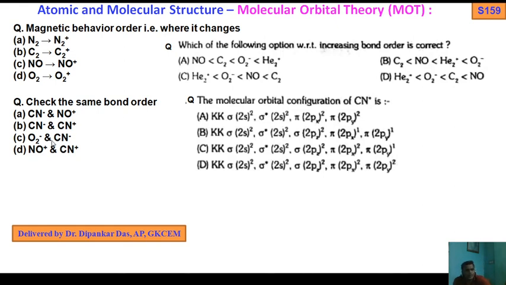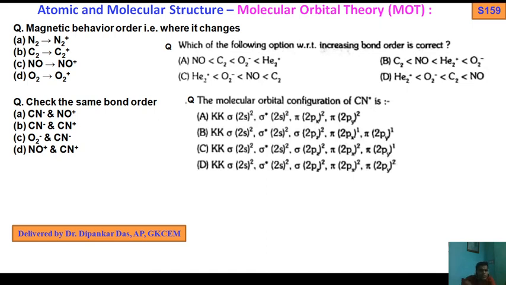This is a very interesting question. To solve it, we again need the MO diagram. CN minus: 6 plus 7 is 13, plus 1 is 14 electrons, just like the N2 system. NO plus: 8 plus 7 is 15, minus 1 is 14 electrons, also a 14 electron system.